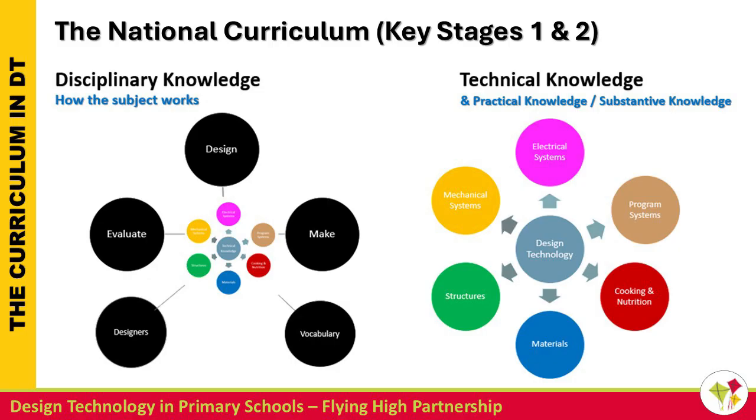At Key Stage 1, children are focused on cooking and nutrition, textiles, structures and mechanical systems. And when they transition into Key Stage 2, they widen this focus to include electrical and program systems.